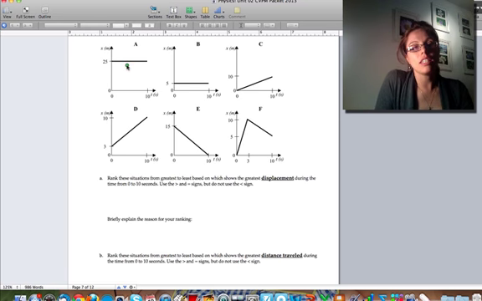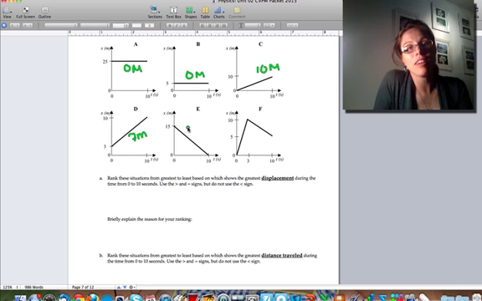So the distance traveled here is 0 meters, and the distance traveled here again is 0 meters. And the distance went from 0 to 10, so it's just again 10 meters. And over here again 7 meters. Now, for distance, we don't need a direction.